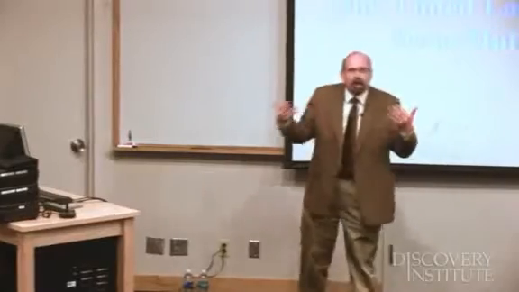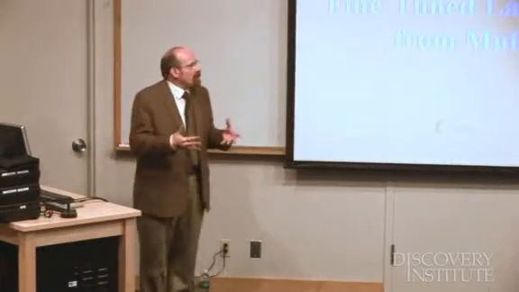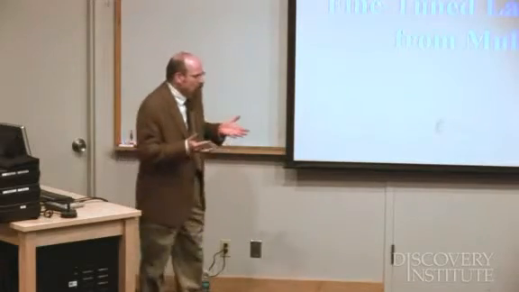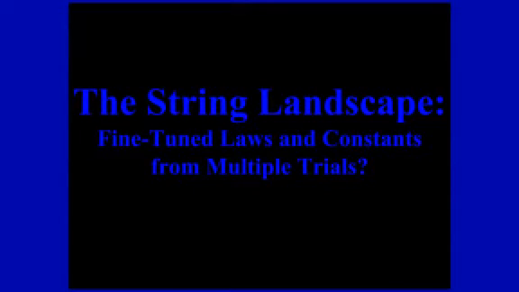How are we going to get the probabilistic resources to explain how the laws and constants of nature could be the way that they are and fine-tuned for life? Well, a resource for that was found in string theory. So what's string theory?